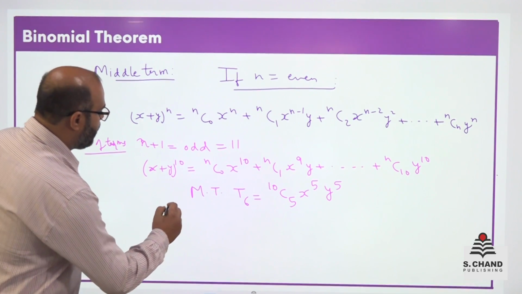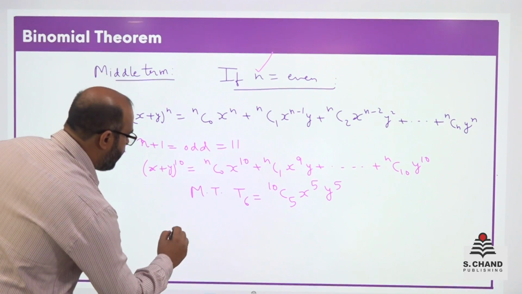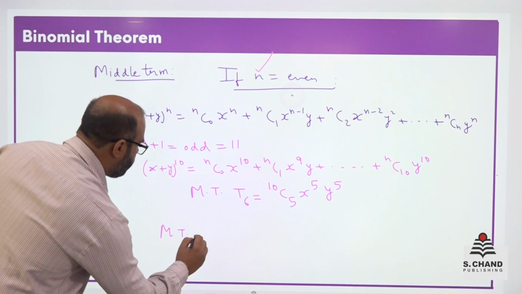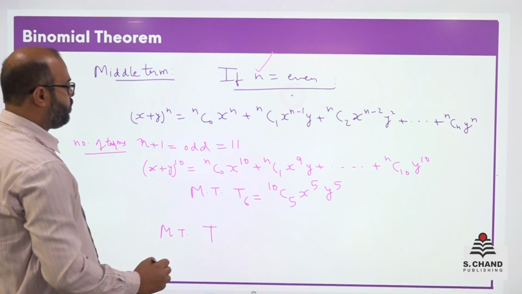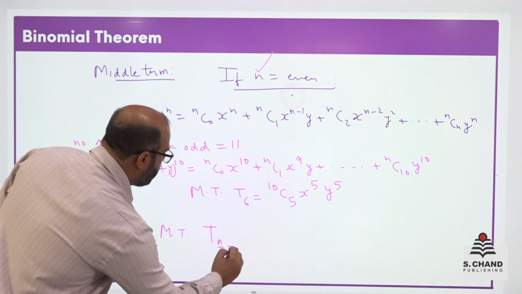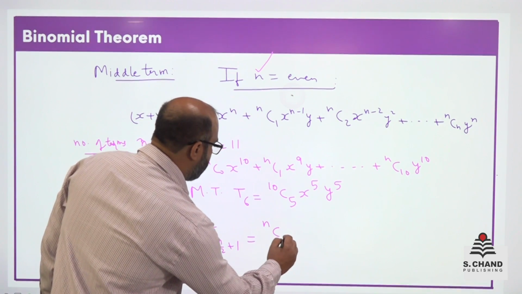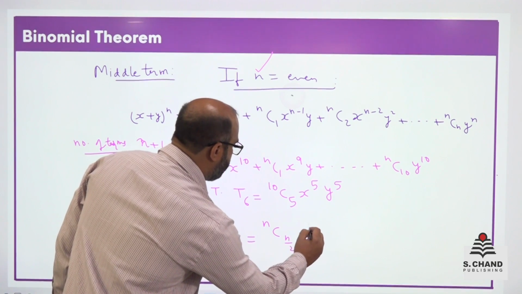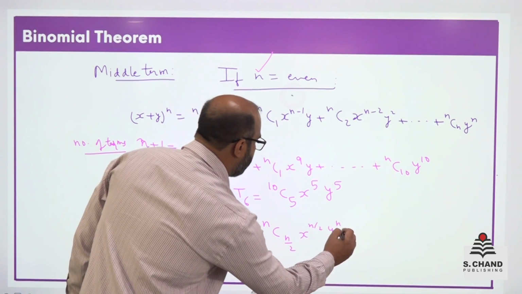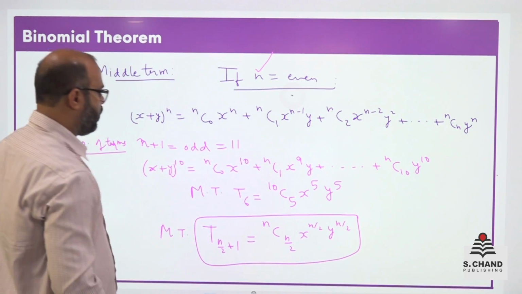So in general, if n is even, then the middle term will be the (n/2 + 1)th term, that is nC(n/2) x^(n/2) y^(n/2). This is the middle term.